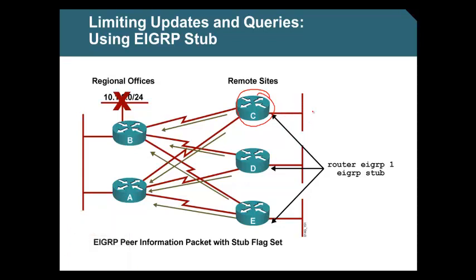It is connected to a LAN network. So when you configure stub connected, it will advertise this network, this network, this network, and it will also tell B, I don't know anything other than these 3 networks. So B need not query unnecessarily for a network which is not connected in any manner to C.